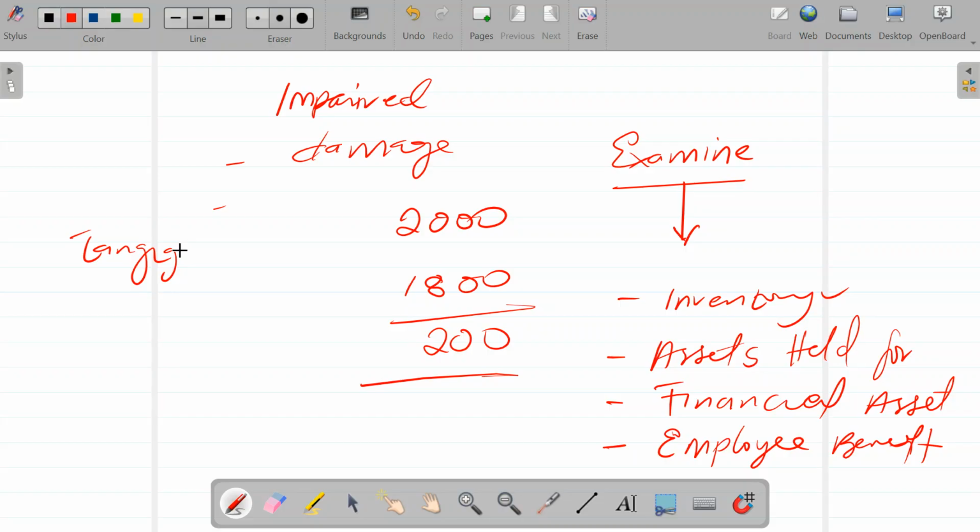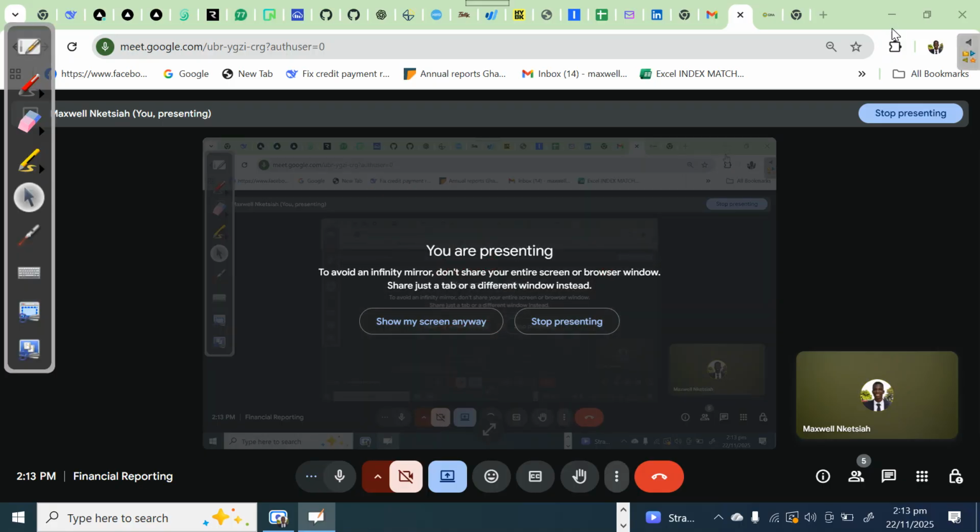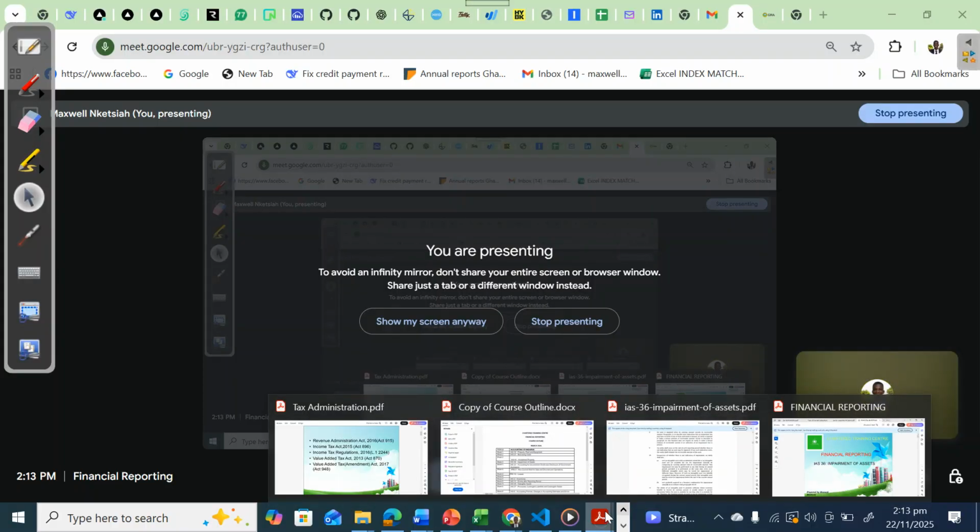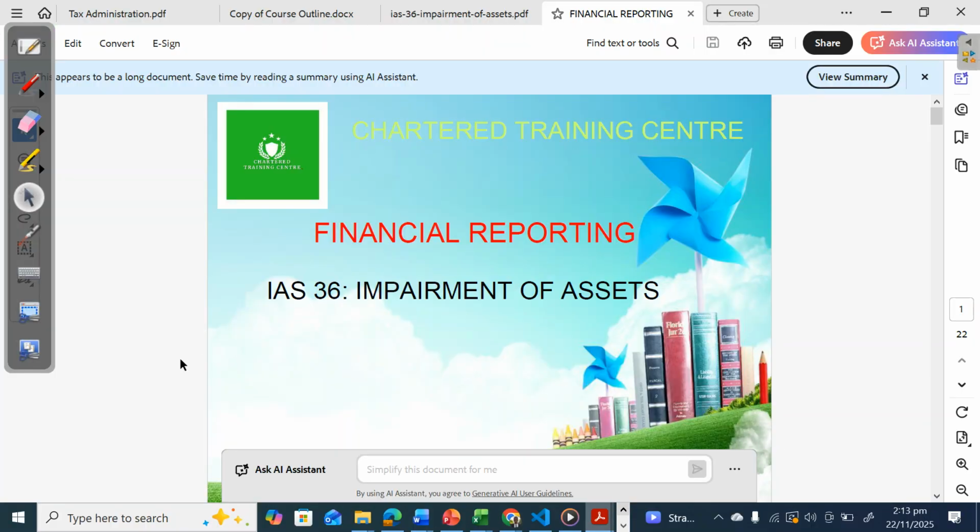And it doesn't apply to investment property either. So that's just an introduction.